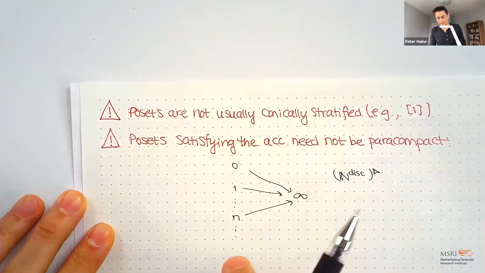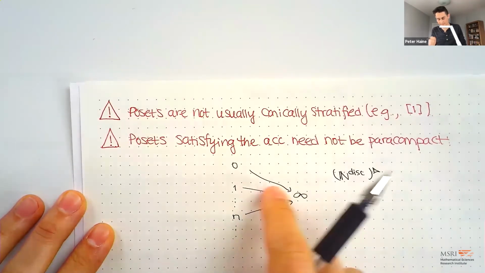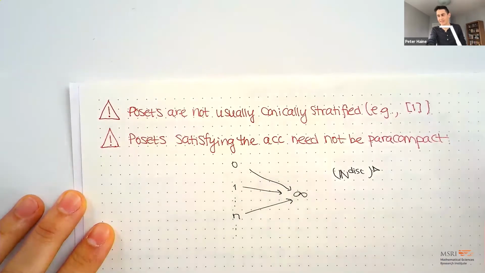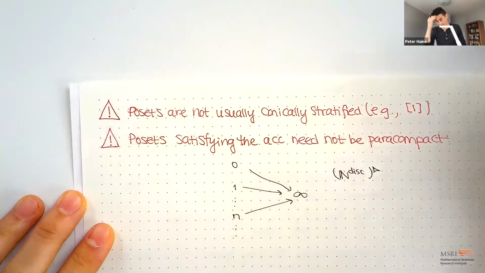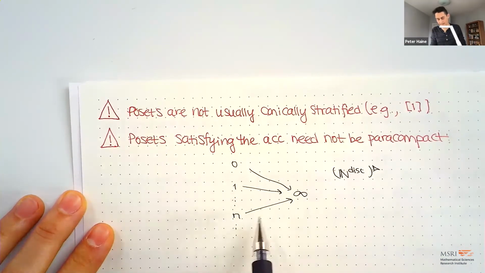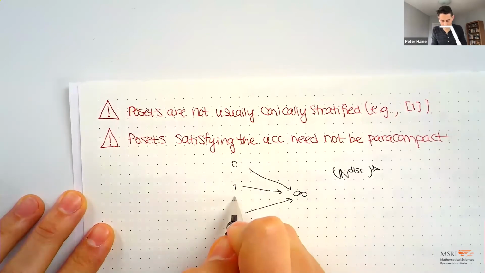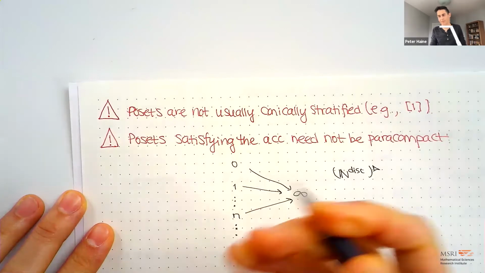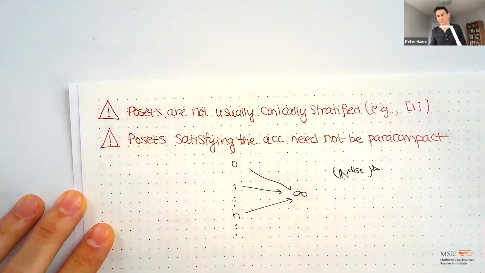It actually seems to be kind of annoying to characterize paracompact posets. Something that you might say is, well, in this example there are infinitely many points less than some element. Maybe that's something that is bad as well.